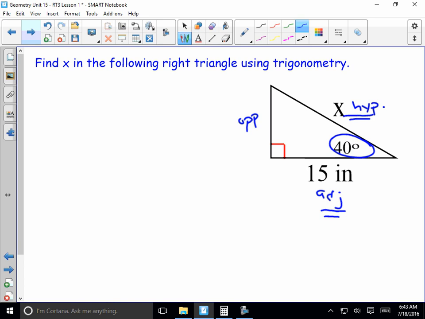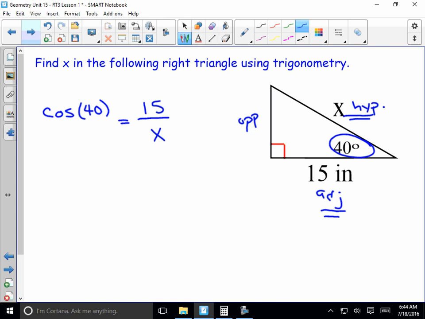So we know the angle, we know the adjacent, we know the hypotenuse. So if we know the adjacent is 15, the hypotenuse is x, the one trig function that uses adjacent and hypotenuse is the cosine. So we need the cosine of 40 degrees equals 15 over x.